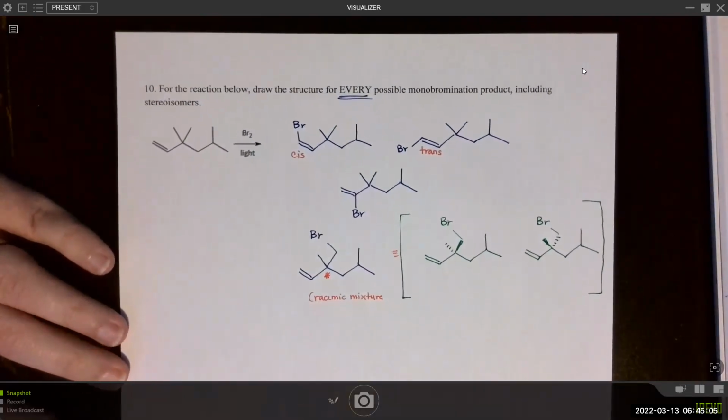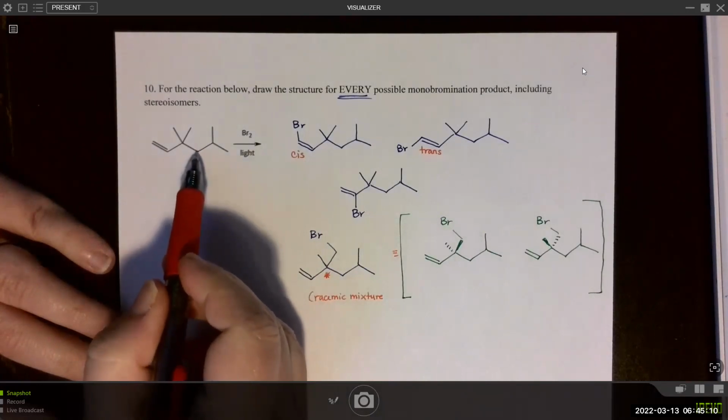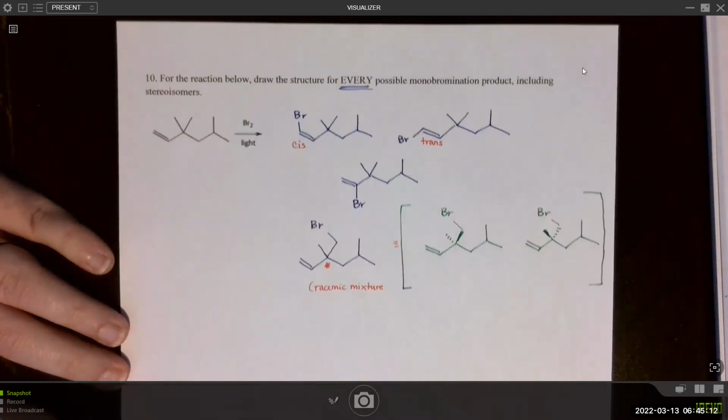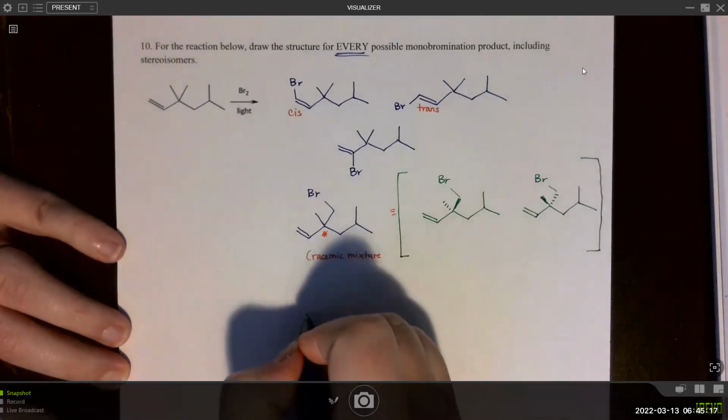Okay, what else could we possibly have done? What about if the bromine goes here? This will also create a racemic mixture, which again you can indicate one of two ways.